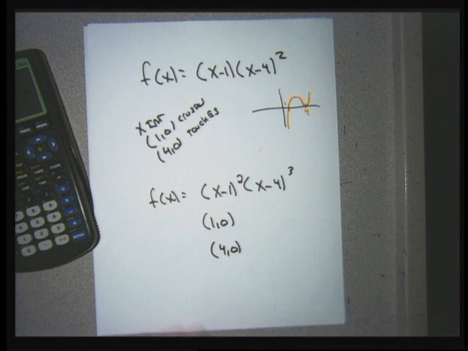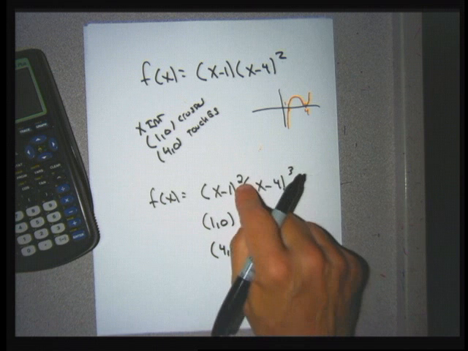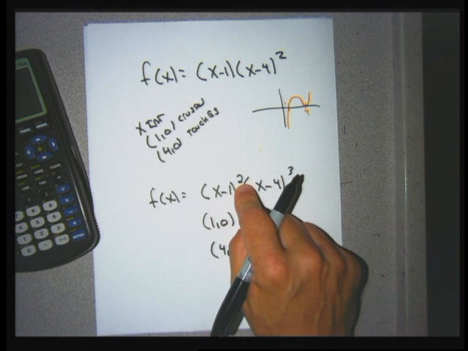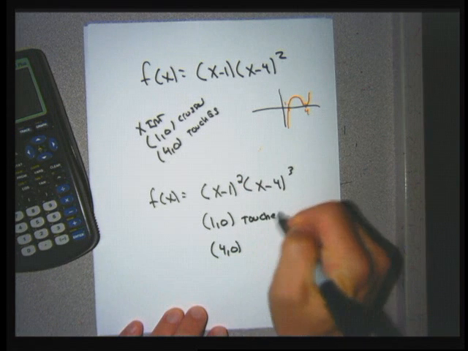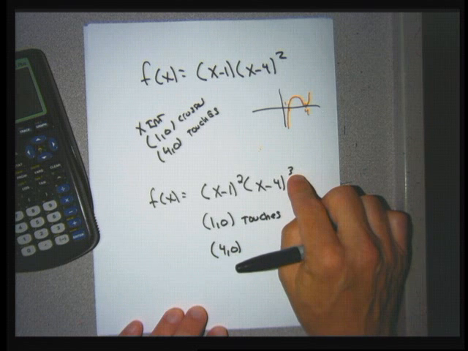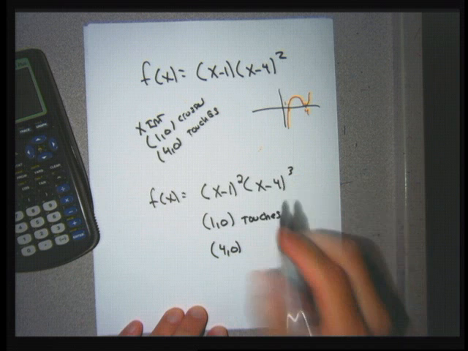And it turns out that if the exponent that makes a factor is even, the graph touches but doesn't cross the axis. If the exponent that makes the x-intercept is odd, it crosses.